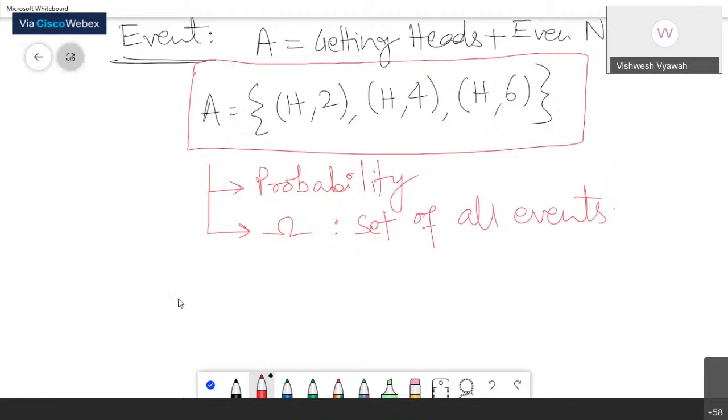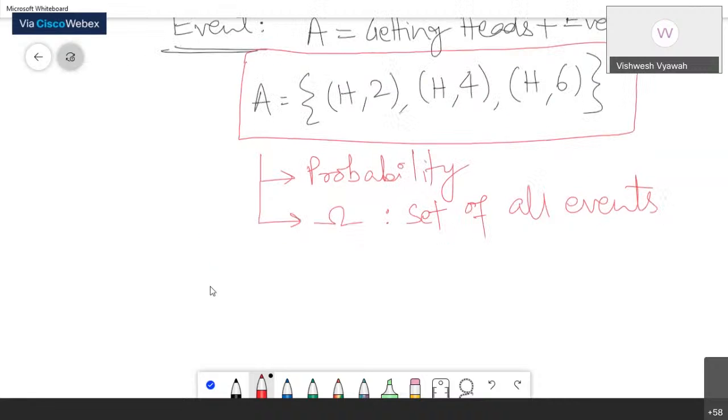Now I am going to introduce, for the last 40-45 minutes or 50 minutes, a very important concept, and that concept is of random variable. So let's go ahead with the random variable. Any doubts, any questions till this point? Let me check the chat box.